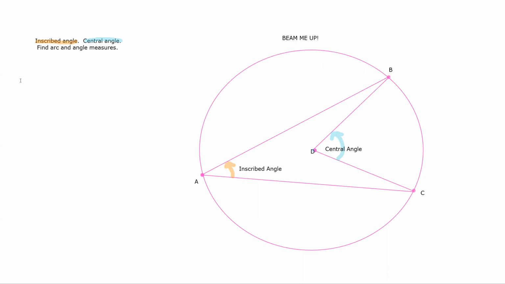the theorem says this. The measure of the inscribed angle equals 1/2 the measure of the arc.